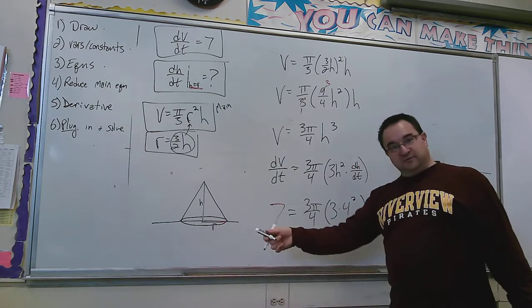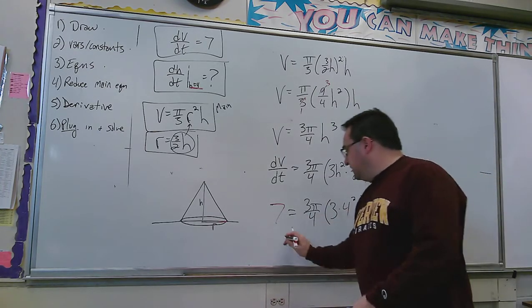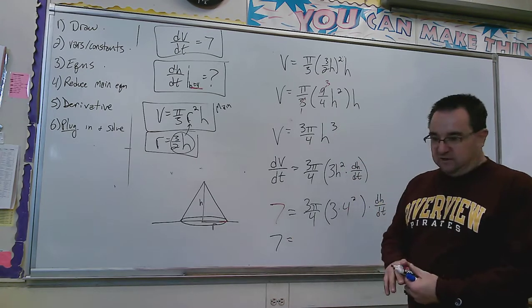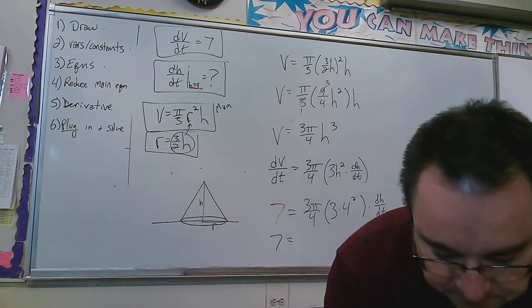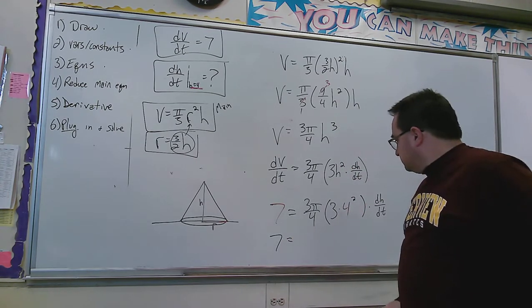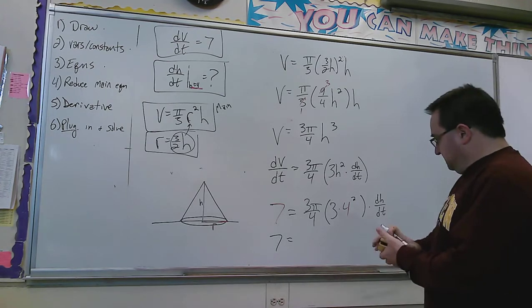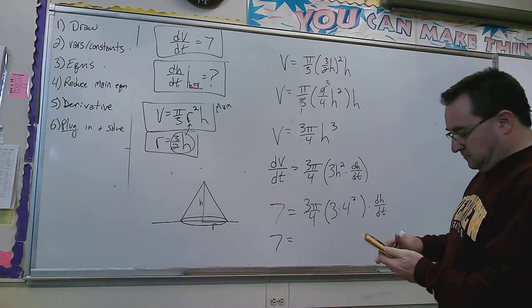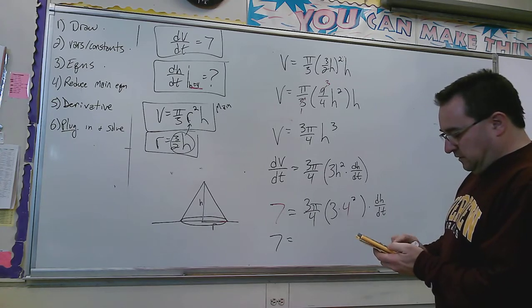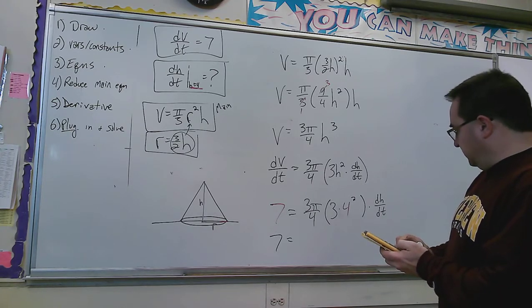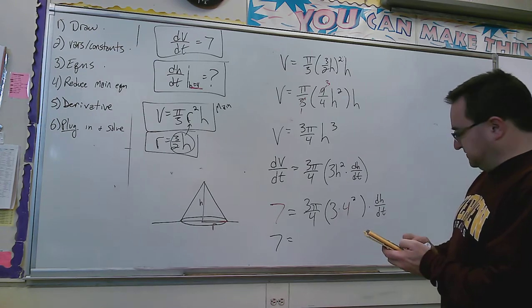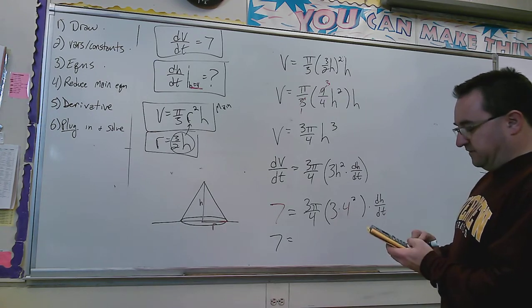So see how all the rest, I should be able to do this now. 7 is, and I'm going to plug this in a calculator. So I have, let's see, 3 times pi times 3 times 16 divided by 4.